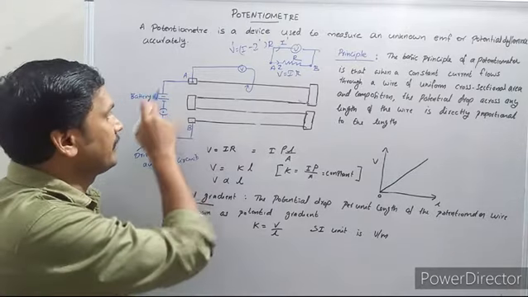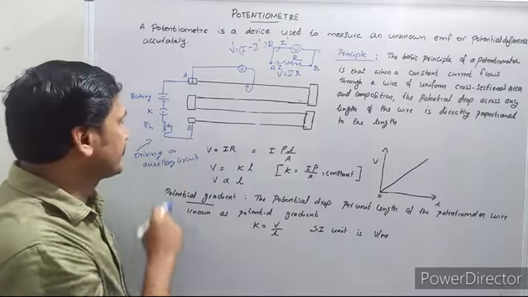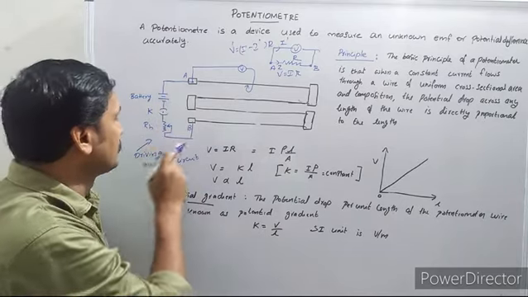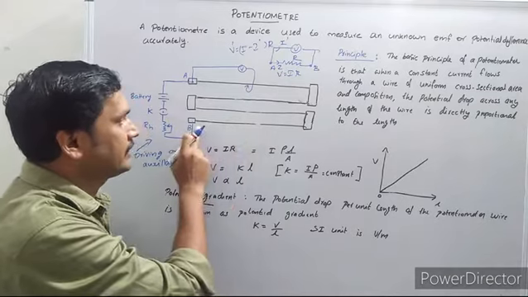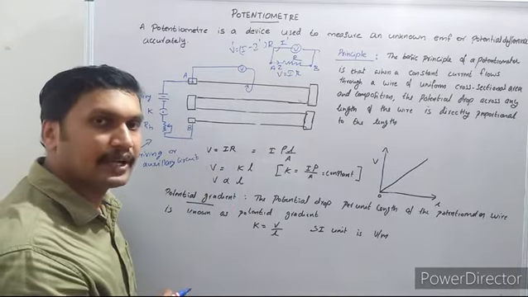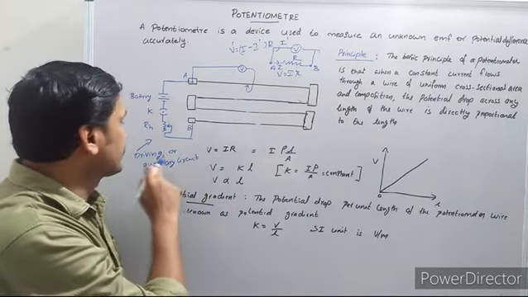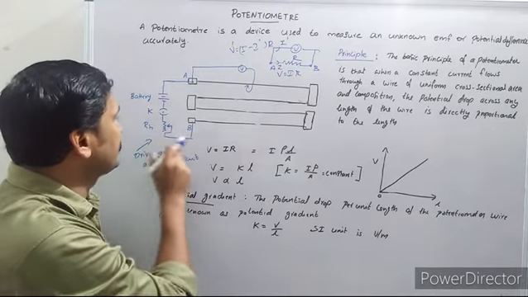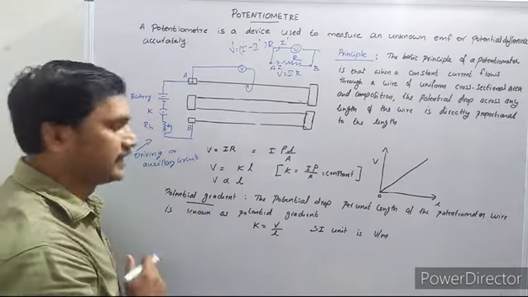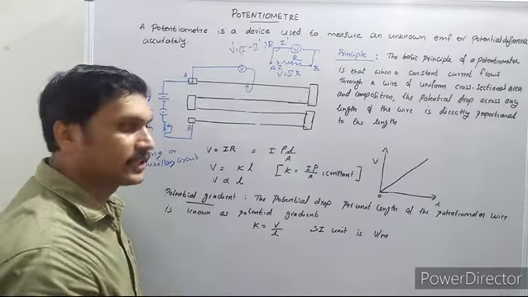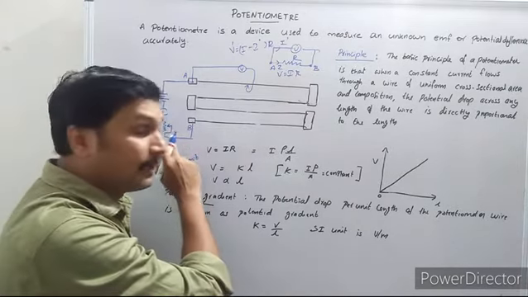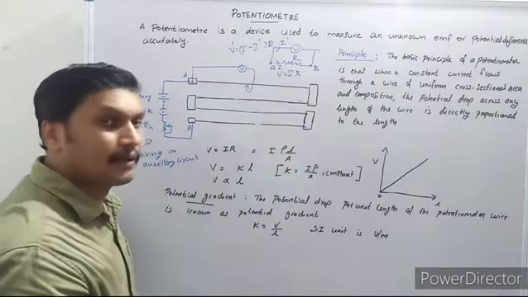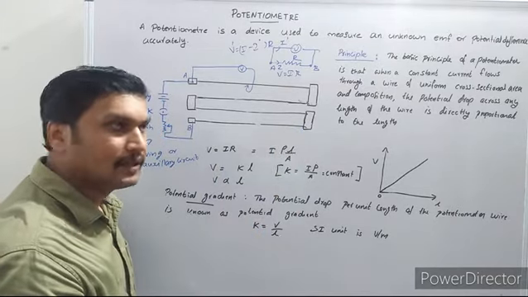The function of this circuit is to maintain a constant current through the potentiometer wire. That's why this circuit is known as the driving circuit or auxiliary circuit.